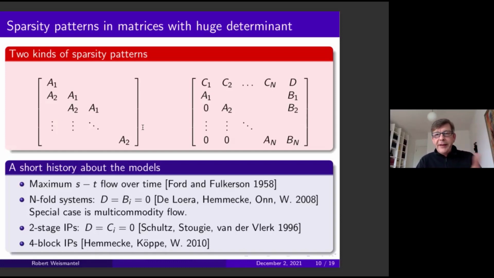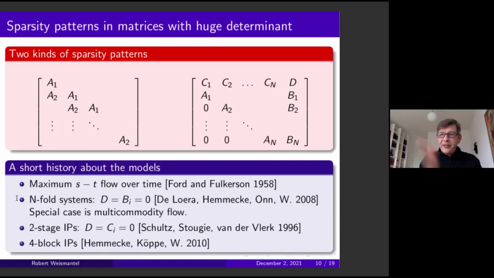Then on the right-hand side, if you look at this matrix with this C1 to Cn, D, B1 to Bn, that's the extra column, and then these individual blocks, A1 up to A capital N, this is in fact a 4-block matrix. I gave here some references on the papers where, at least according to my knowledge, these models popped up for the first time, and where you could see that this has some polytime solvability, whatever that means.